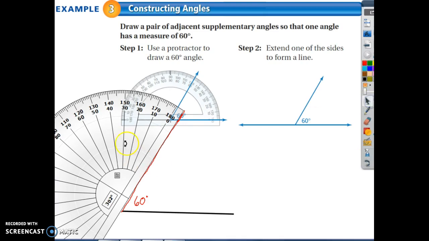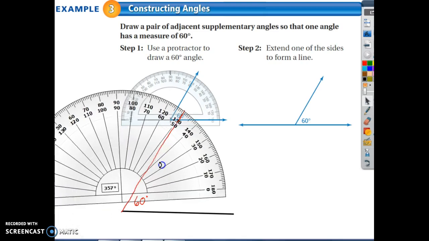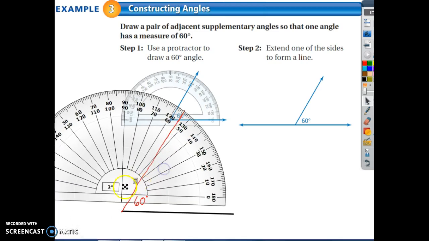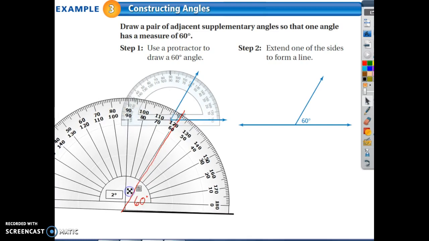Now to create a pair of supplementary angles, all I need is the other angle to make a straight line with the angle I've just formed. So I'm now going to use my straight edge to extend the original line that I had started with. So instead of just having the black line to the right, I'm now going to extend that black line to the left as well.